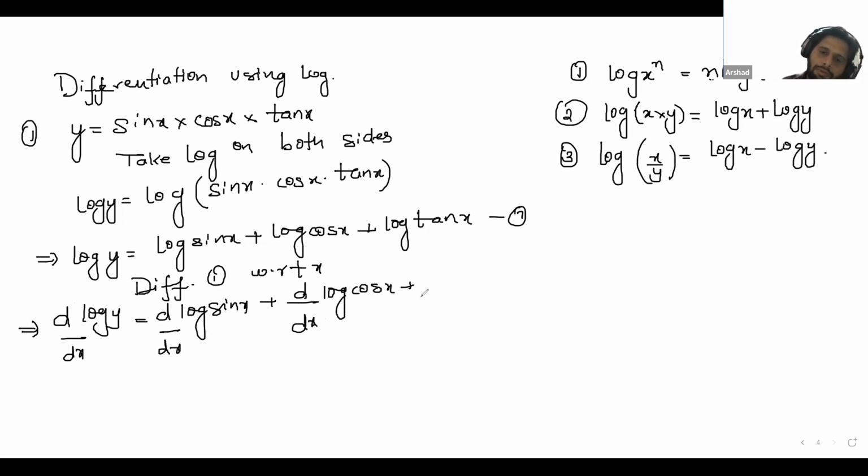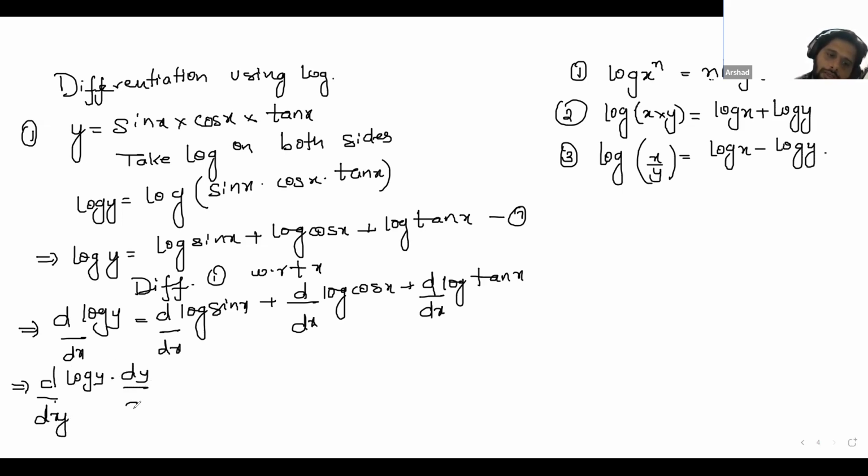Now we will apply the chain rule. We can't differentiate this directly because here we have a y, here we have an x. So we will write d log y with respect to y, because we need to multiply by dy by dx. So we can write 1 by y.